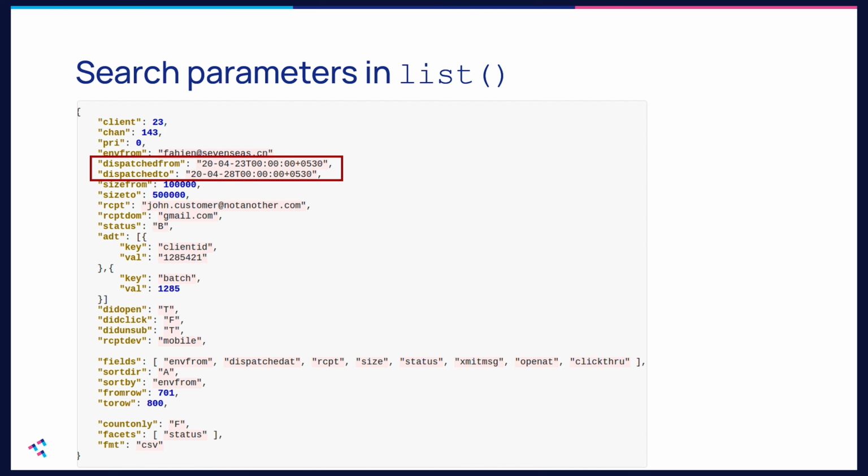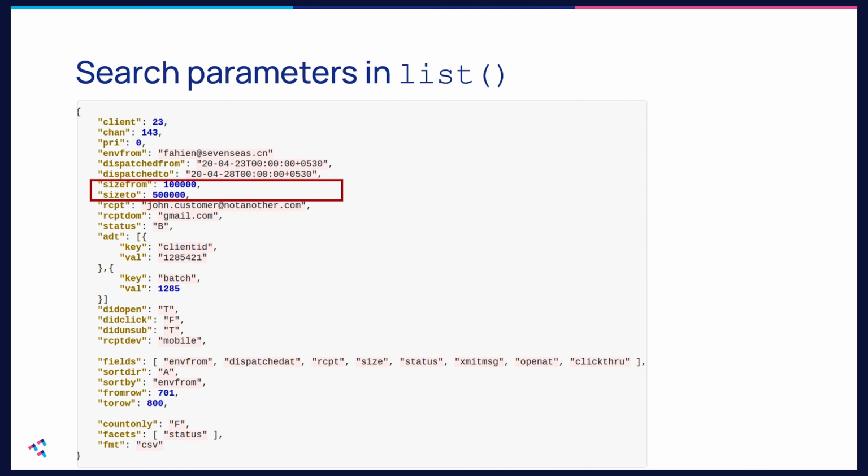There is an attribute in every record called dispatched at, and what we are asking for here is, get me those records whose dispatched at field has a value which is after dispatched from and before dispatched to. So this is a range. Dispatched from and dispatched to taken together specify a range of values, and give me the records whose dispatched at field has a value which falls inside this range.